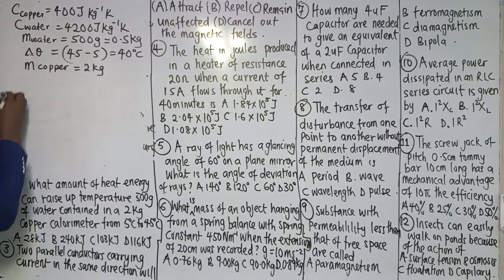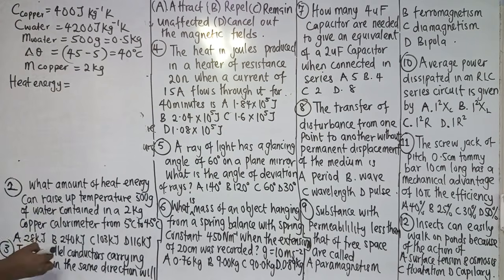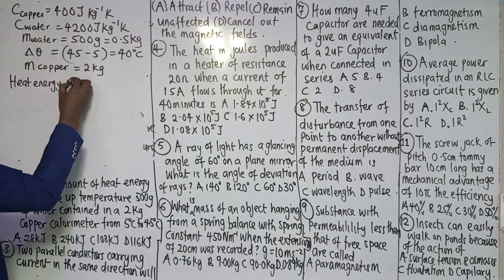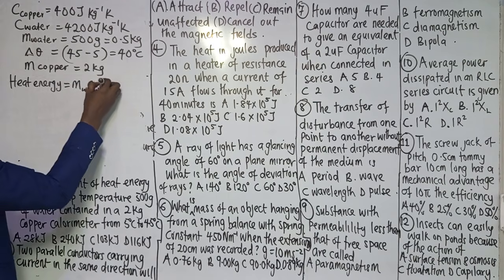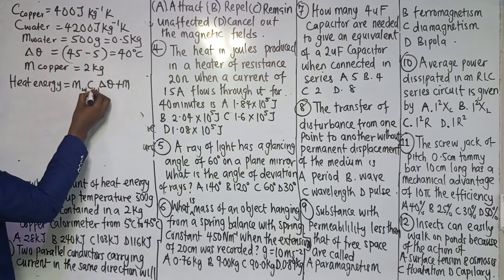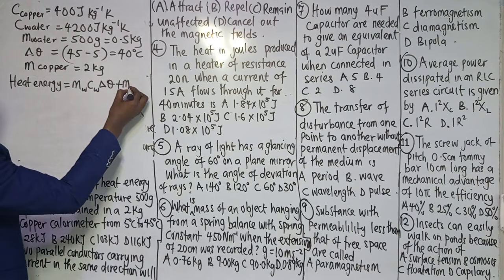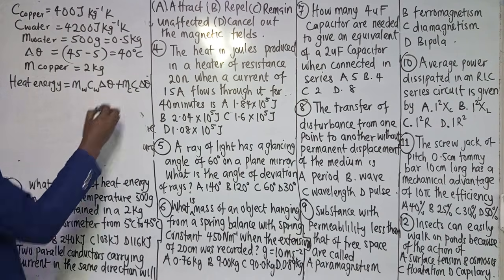So the energy that will raise the temperature is the mass of water times specific heat capacity of water times change in temperature, plus the mass of copper times specific heat capacity of copper times change in temperature.